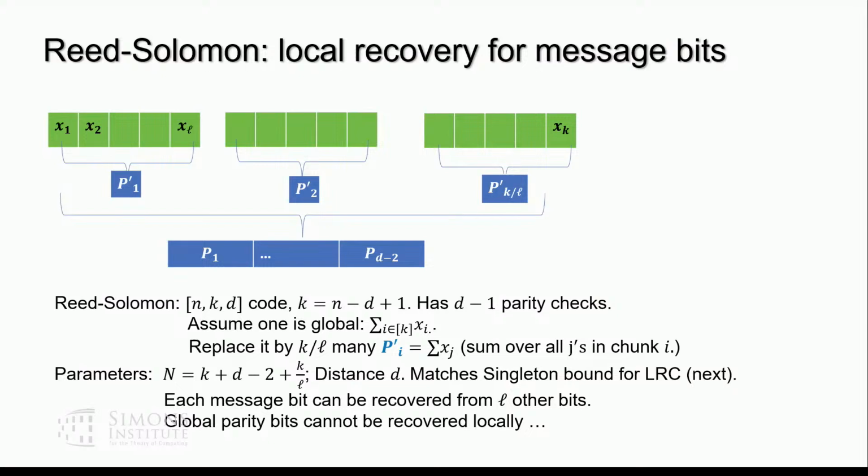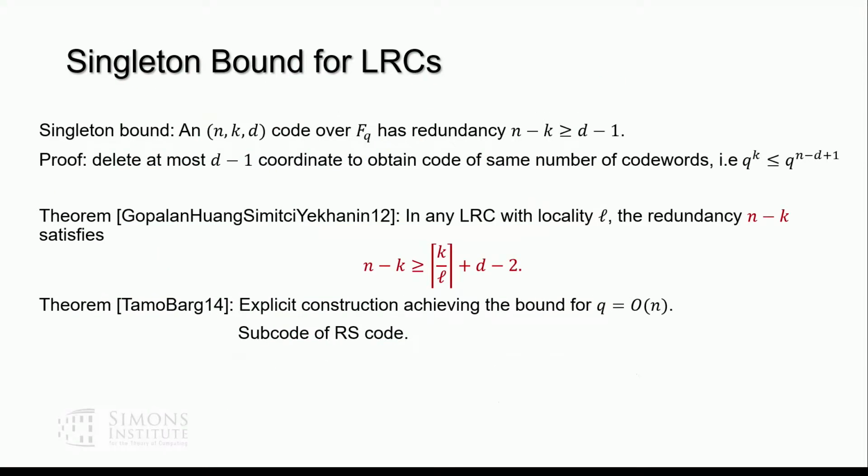It turns out that such a code does match the singleton bound for LRCs, which I'm going to talk about next. It has the property that each message bit can be recovered from L other bits, but you cannot recover the global parities locally. So Reed-Solomon codes get us some leverage, but more work needs to be done.